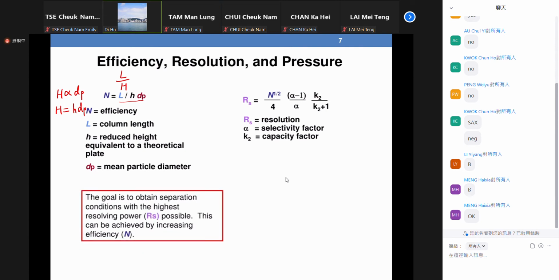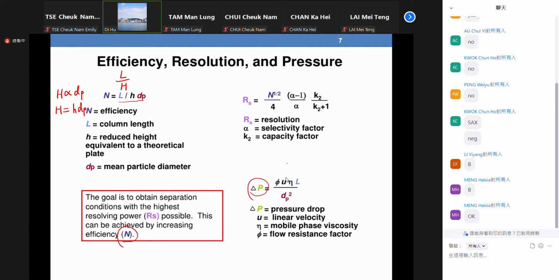So the goal is to obtain separation conditions with the highest resolution possible. This can be achieved by increasing the N number. However, when we have smaller dp, that causes a big impact on pressure. You can see the pressure drop gets larger when dp decreases.